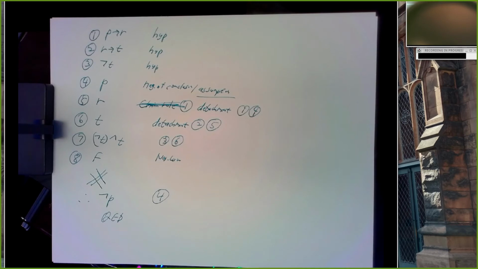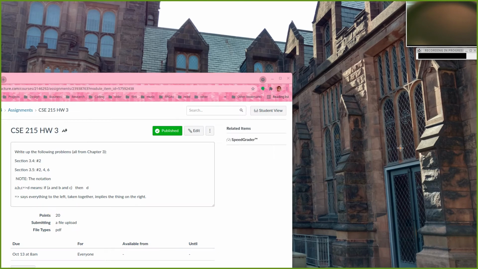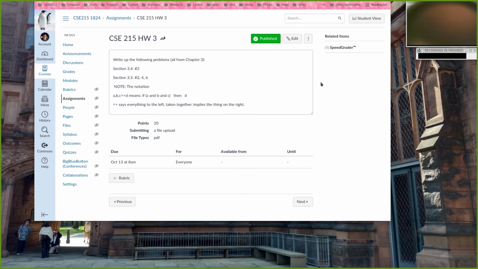So there's good opportunity to practice this. So, a quick look at the homework. 3.4 number 2, 3.5, 2, 4, and 6.